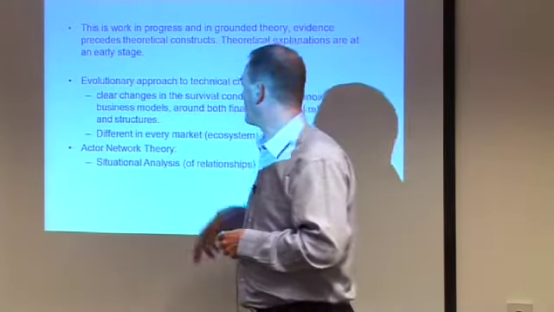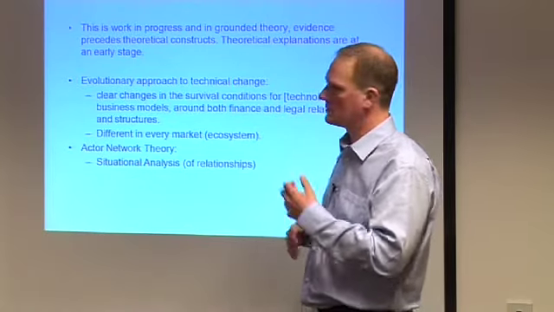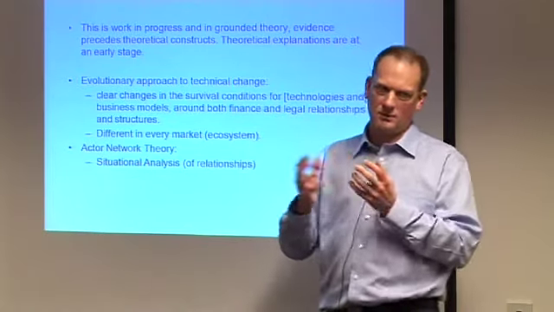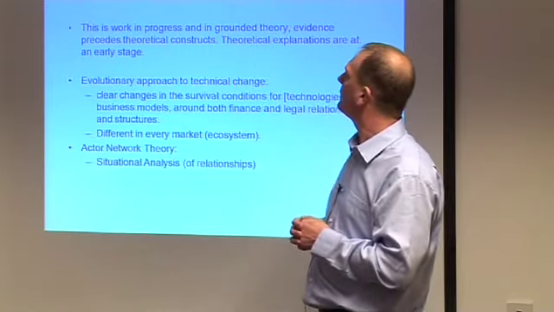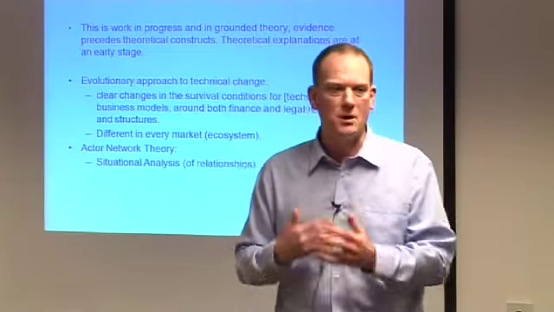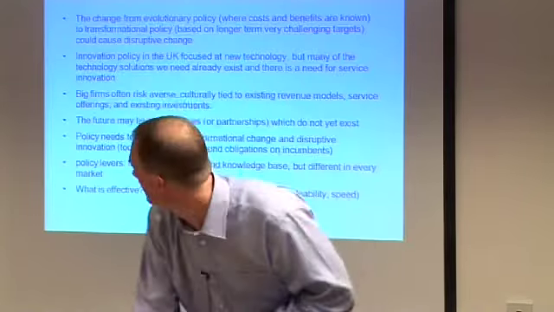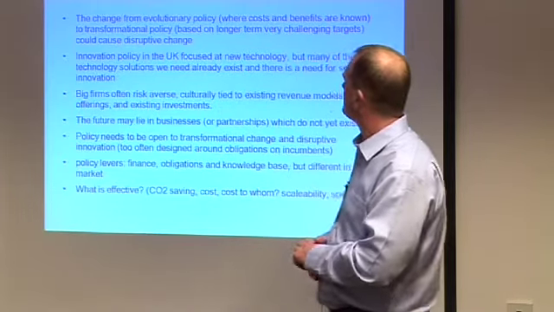Actor network theory, I think, and particularly a relatively new development in that, situational analysis, understanding how people relate to each other and how organisations relate to each other, is something that I think will help shed light on some of the relationships and some of the markets that I'm observing. Finally, the policy conclusions.